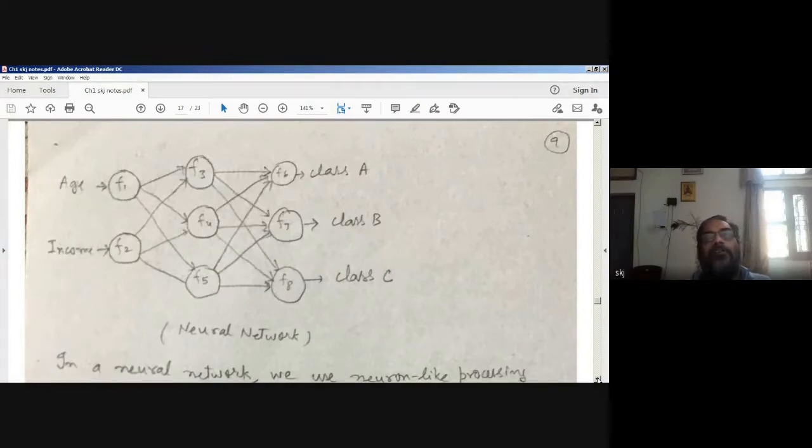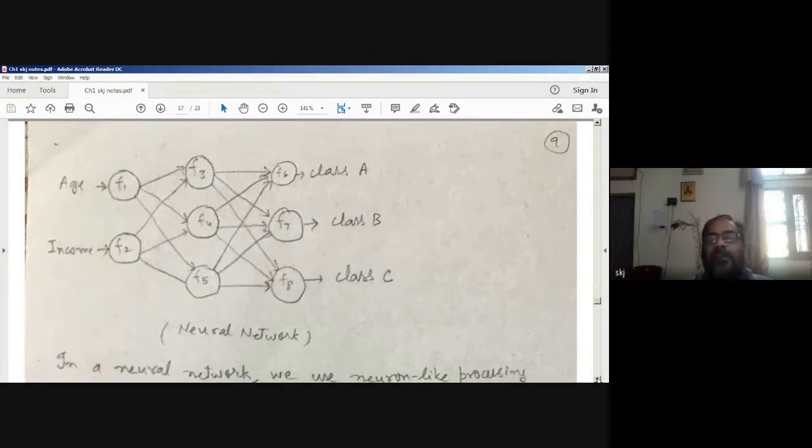Those units were divided into different layers, and the interaction of all computational units decides the final decision to be taken.